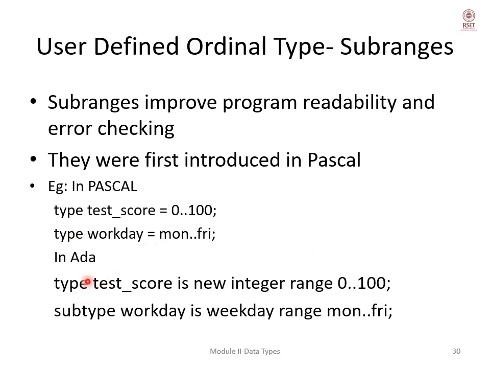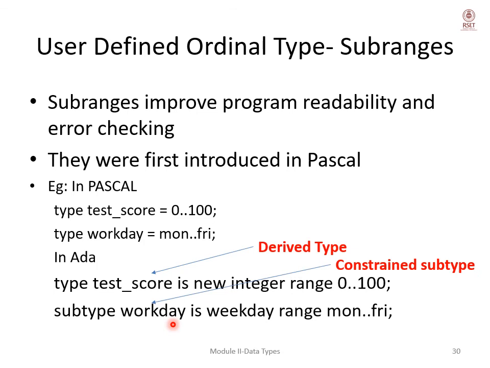And in Ada, type test score is a new integer in the range 0 to 100, and subtype workday is a weekday in the range Monday to Friday. Now test score is a derived type and work day is a constrained subtype, where we have already a type weekday and work day is a subtype of it.